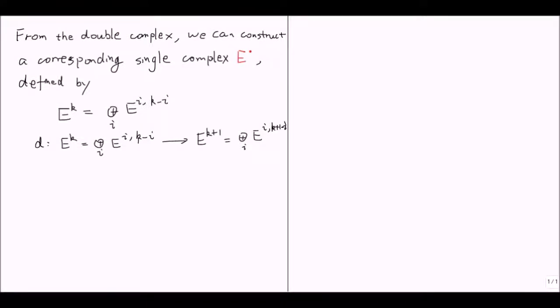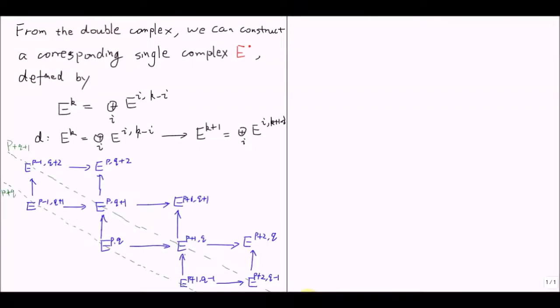To see how this d is constructed, let's first draw a diagram. What we need to do is to construct map d from the direct sum of objects along this dotted line to the direct sum along this dotted line. So how do we do that?